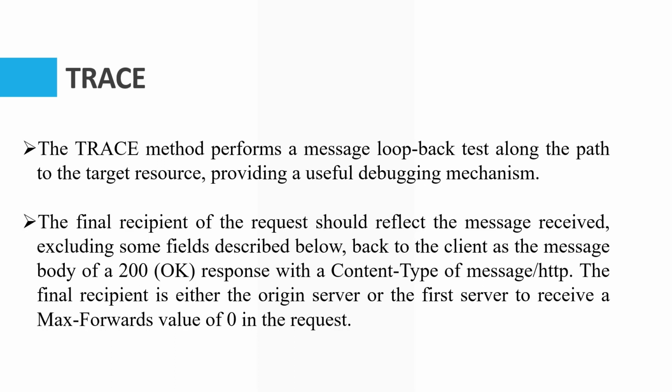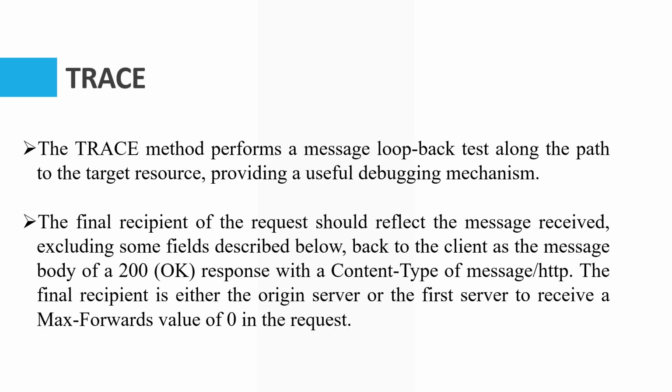The final recipient of the request should reflect the message received, excluding some fields described below, back to the client as the message body of a 200 response with a content type of message/http. The final recipient is either the origin server or the first server to receive a Max-Forwards value of 0 in the request.